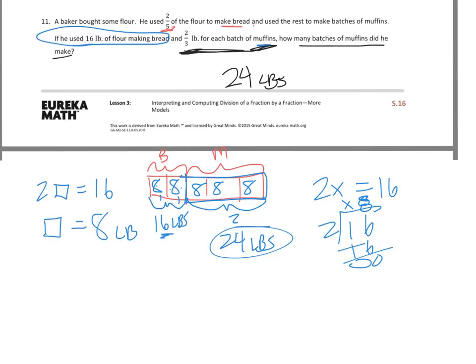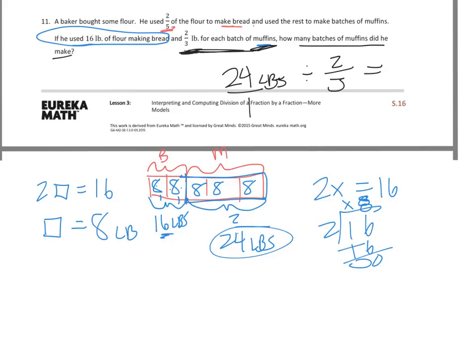We need to see how many 2/3 I can pull from that. So there's a couple ways that I can do this. I can break it apart and do a diagram, but that's going to get kind of messy.